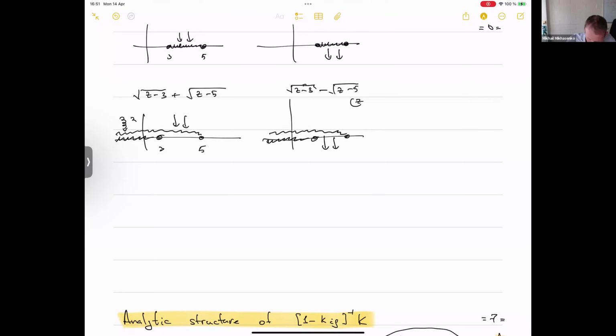So I'm going to enter here, and in fact there is another function. Here's 3, here's 5. That would match these, and the function is z minus 3 with minus sign, minus z minus 5.